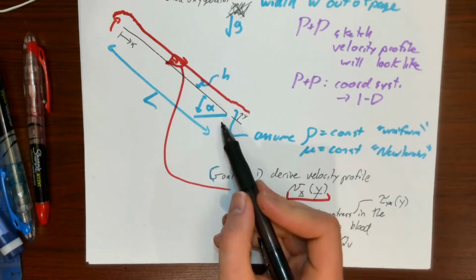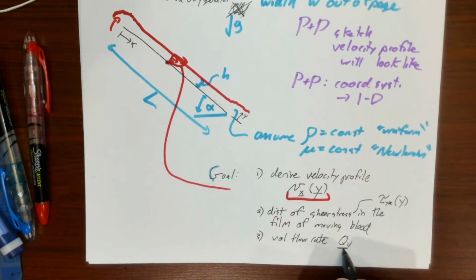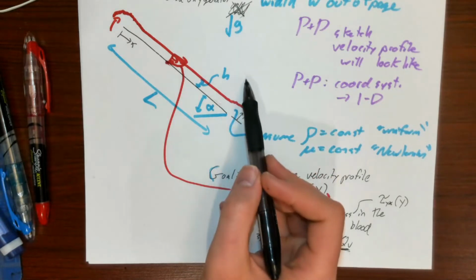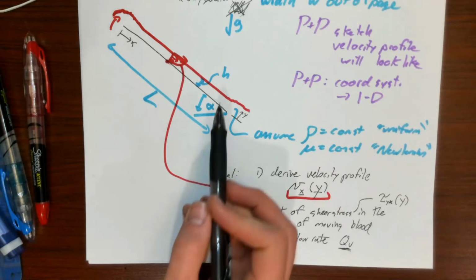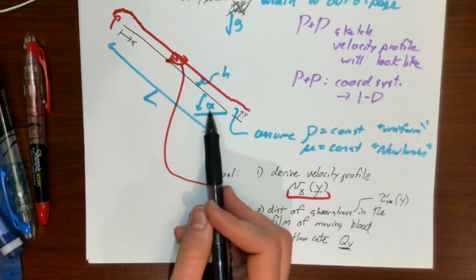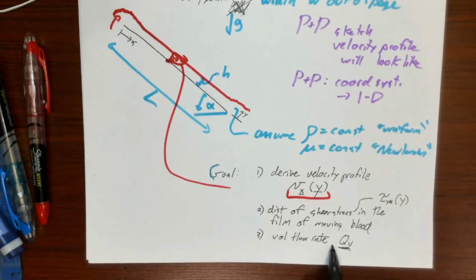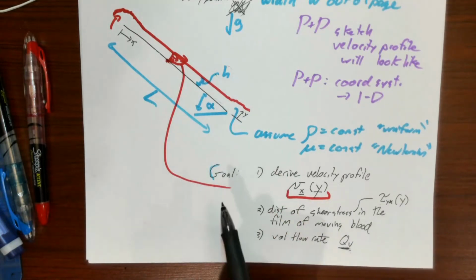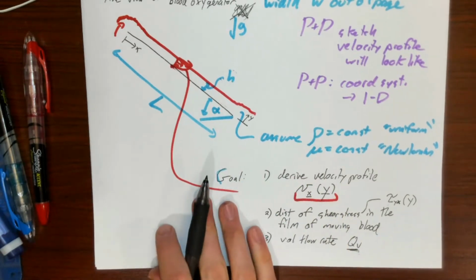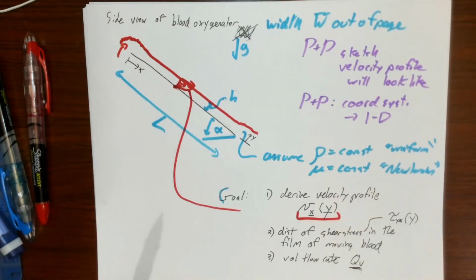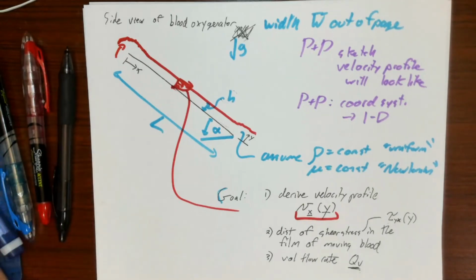Because then I can say, if you pump blood with this volumetric flow rate, then I'm going to get this type of velocity profile, this type of shear stress, this thickness of the film at this angle of the oxygenator. So if I can predict the velocity profile, then I can use that to get the volumetric flow rate in terms of all of these known parameters, and that's useful for setting the operating conditions of our device. So this is our goal. This is the problem we're trying to solve as bioengineers.